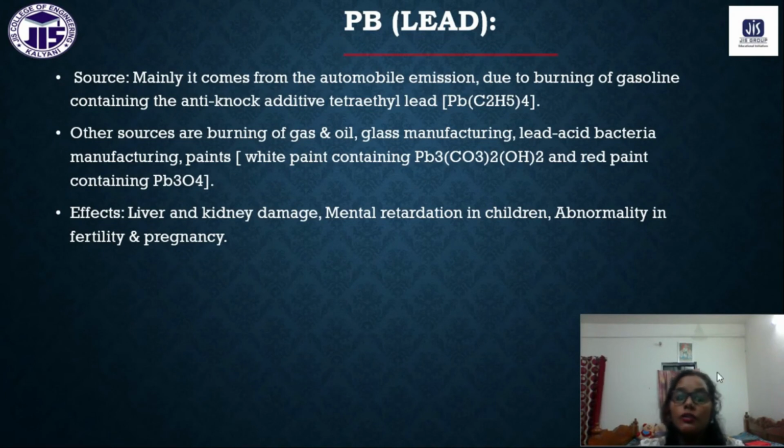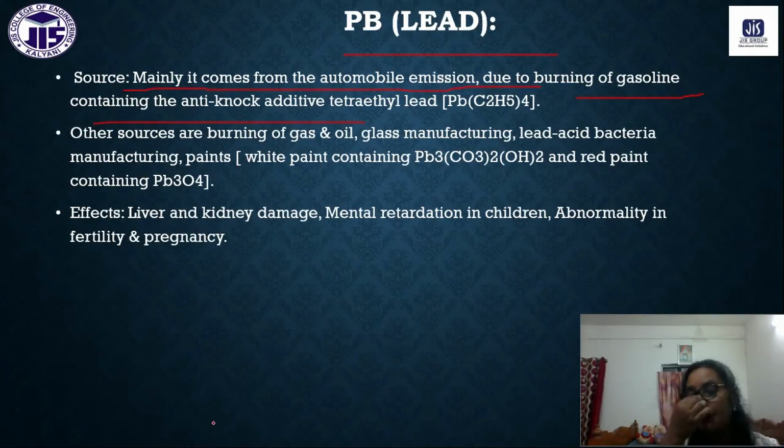Next is lead. Lead is also very harmful for us. It generally comes from the automobile engine, due to the burning of gasoline, in which we generally use tetraethyl lead, which is an anti-knocking agent.